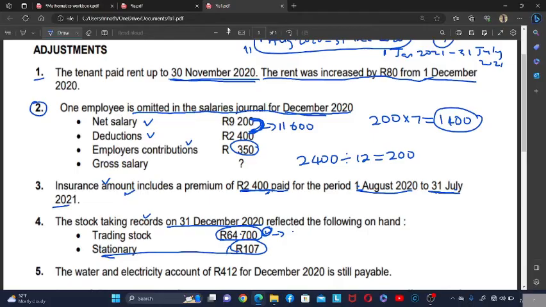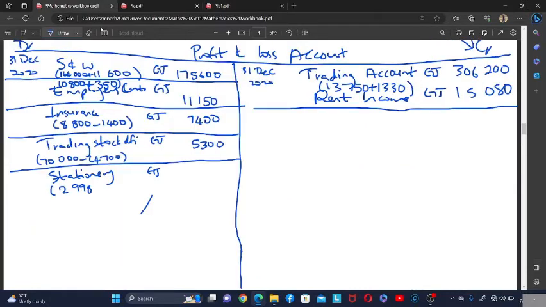So they are now an asset. So we need to go and subtract them from the expenses because they are no longer an expense. So we go and subtract this stationery of 107 from the stationery account.